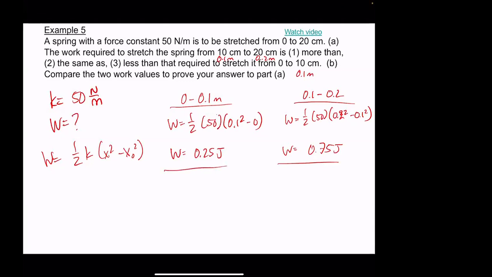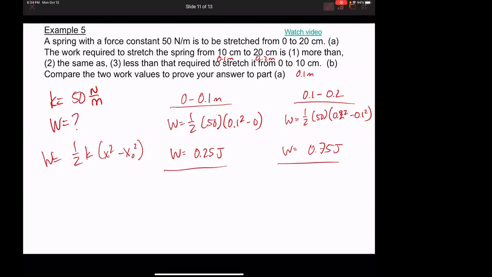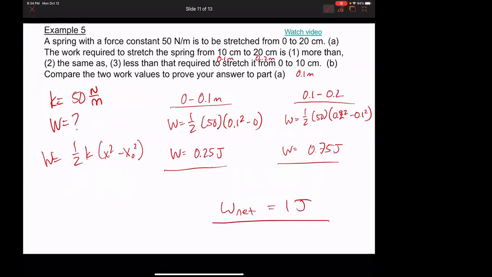So you can see the second half, from 0.1 to 0.2, is 3 times greater than the first half. And the total work to go from 0 to 20 centimeters is 1 joule. You just add them up.